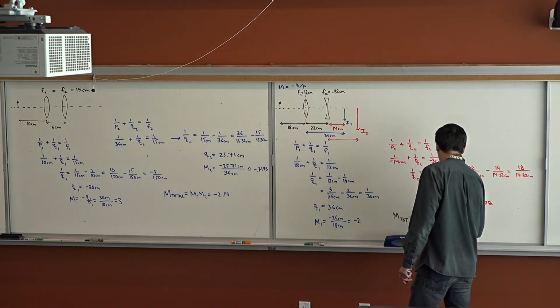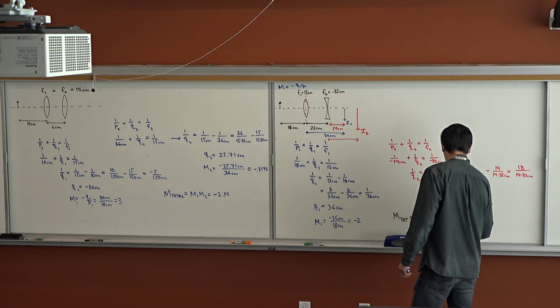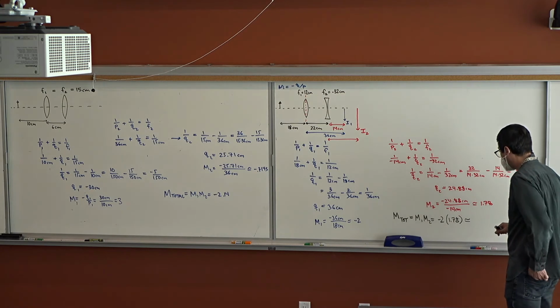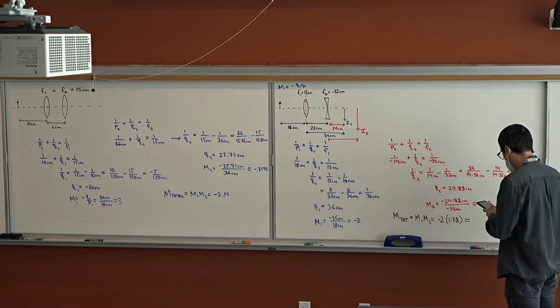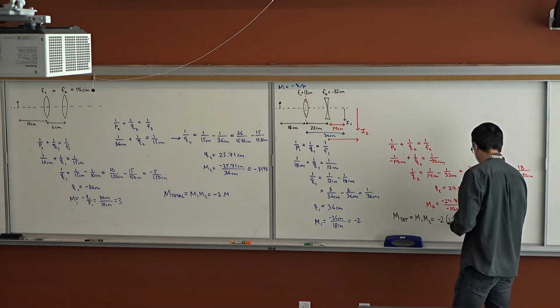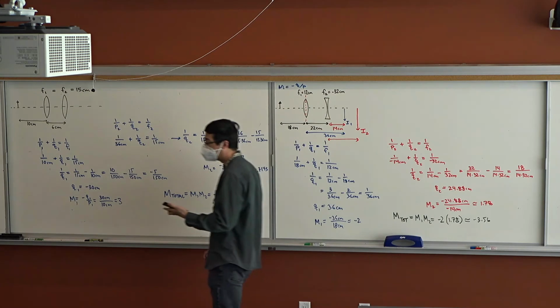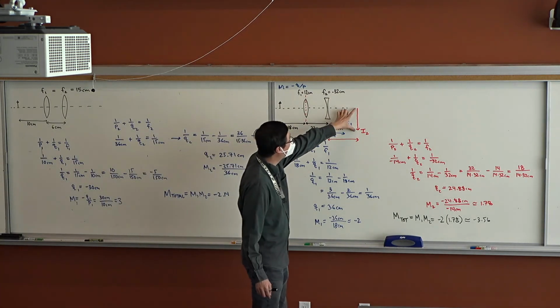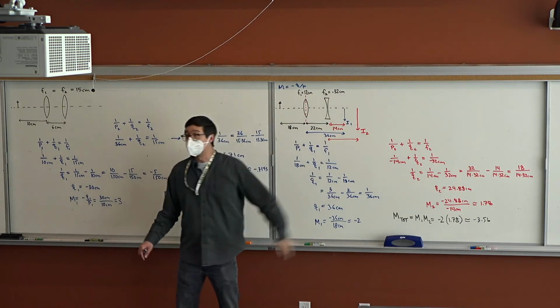So minus 2 times about 1.78. It's roughly, what is that? 3.56. So it's about 3.56 times as big as the original. So this is supposed to be about 3.56 times taller, but pointed in the opposite direction.